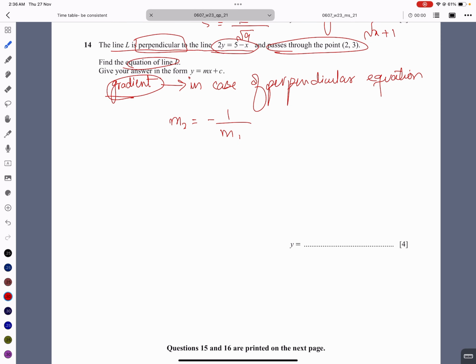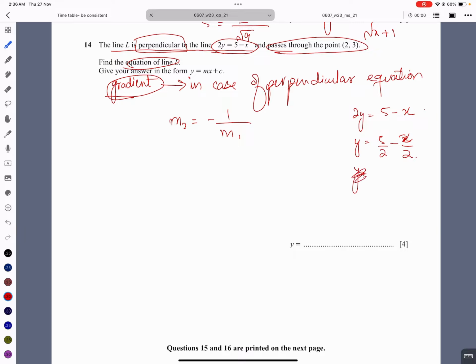Now what is the gradient of this equation? For this you have to make only y the subject. Now the value that is present with this x is the gradient.